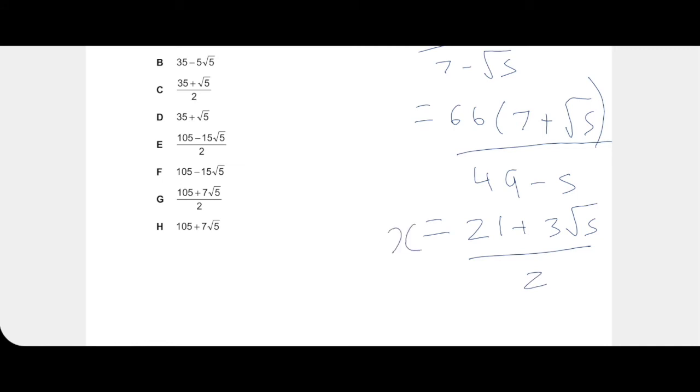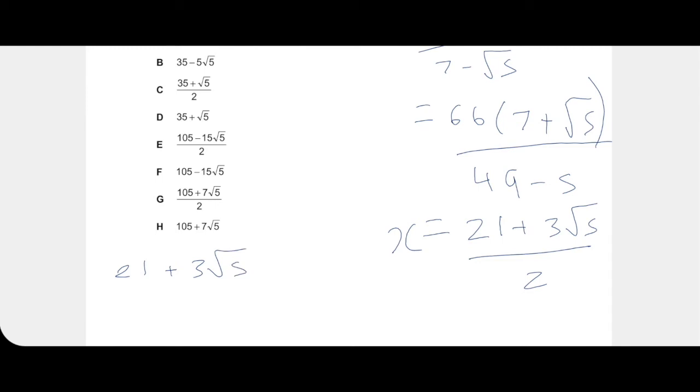And we want to work out the perimeter. So we need 2 lots of x and 2 lots of 7 minus root 5. Straight away 2x is equal to 21 plus 3 root 5.